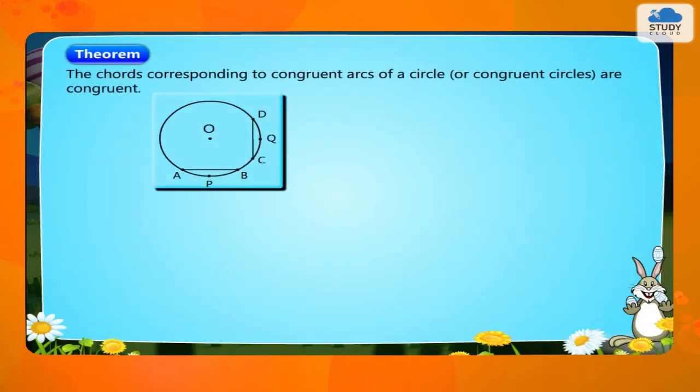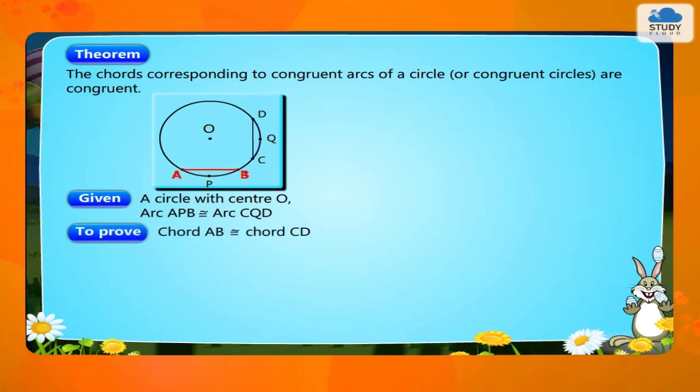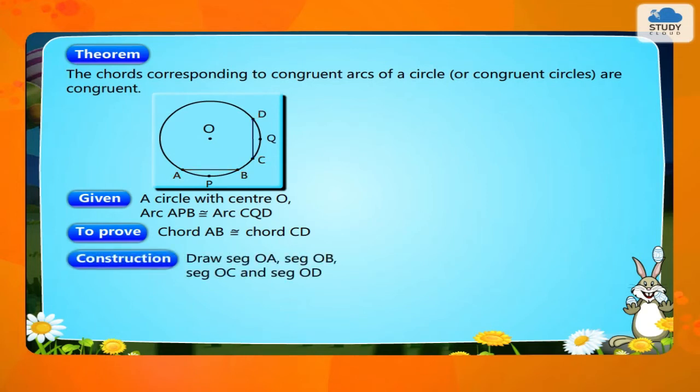Theorem. The chords corresponding to congruent arcs of a circle or congruent circles are congruent. Given a circle with center O, arc APB is congruent to arc CQD. To prove chord AB is congruent to chord CD. Construction: draw segment OA, segment OB, segment OC and segment OD.